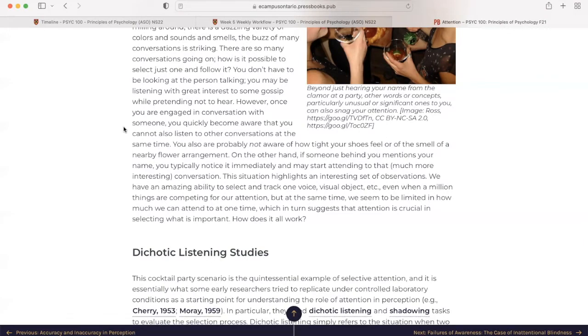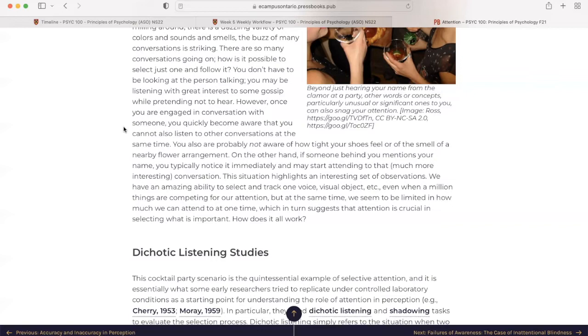You also are probably not aware of how tight your shoes feel or the smell of a nearby flower arrangement. On the other hand, if someone behind you mentions your name, you typically notice it immediately and may start attending to that much more interesting conversation. This situation highlights an interesting set of observations.